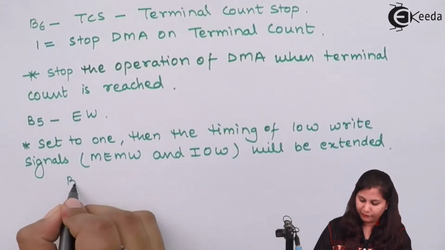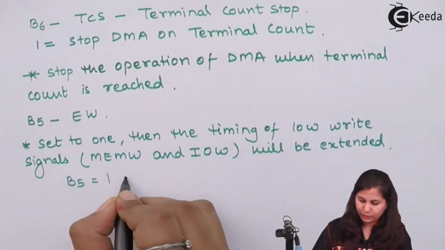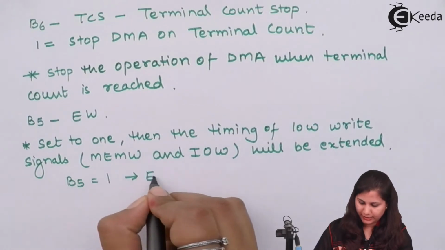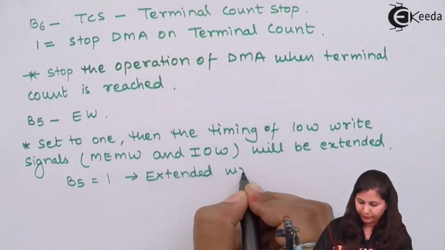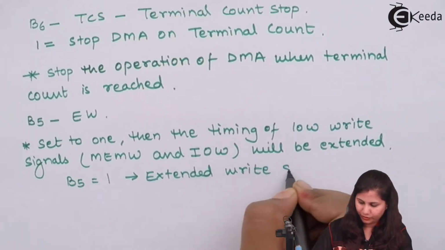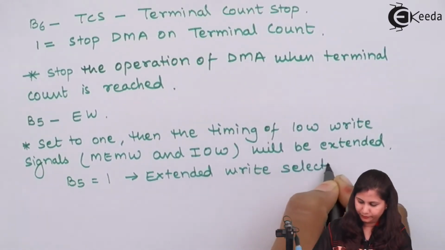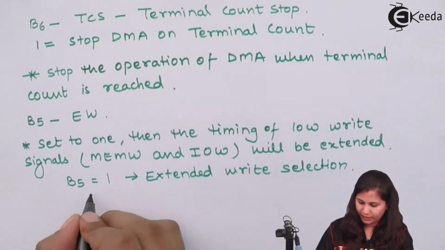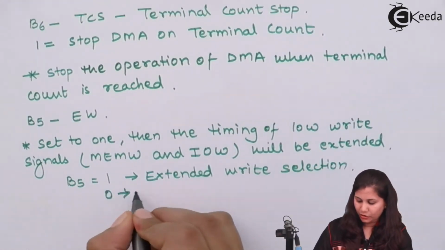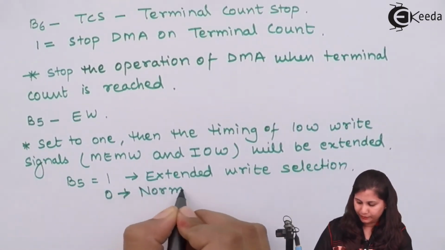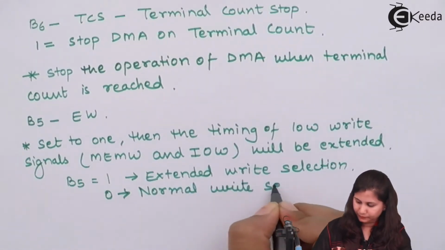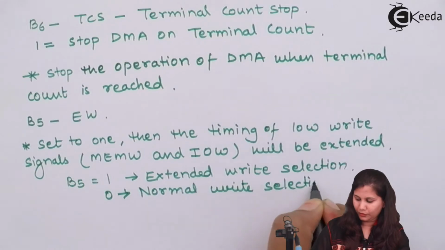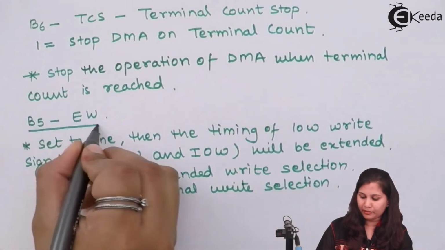So if B5 is equal to 1, it means we have the extended write selection, and when it is 0, then it is normal write selection. So this was bit number 5.